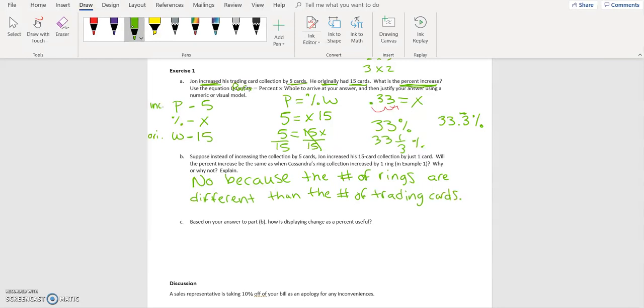Okay, so just because they're both increasing by 1 doesn't make them the same. His started out with a 15-card collection. She started out with just 5 rings. So the original is what made it different.